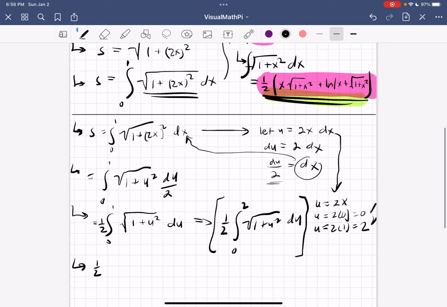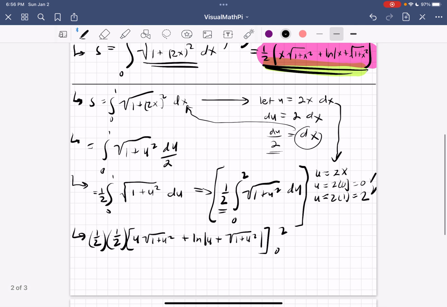So we have 1/2 that we have from this expression, and then the 1/2 from the actual integral, and then we can do u times the square root of 1 plus u squared plus the natural log of u plus the square root of 1 plus u squared. And then let's remember that the bounds are 0 to 2, so we're still going to do some bound calculations.